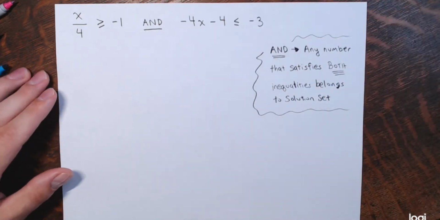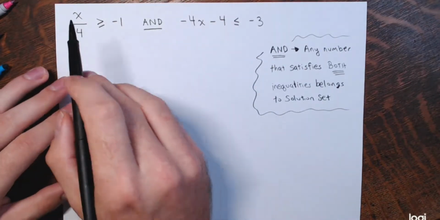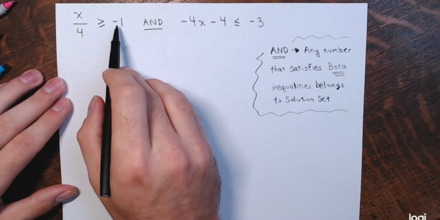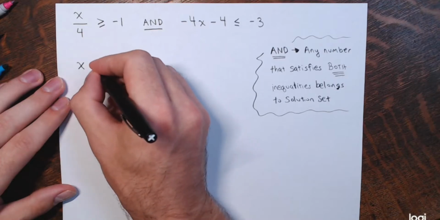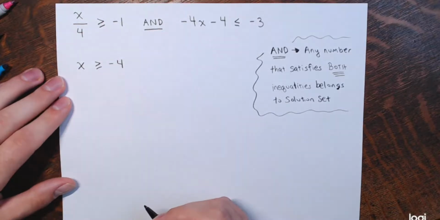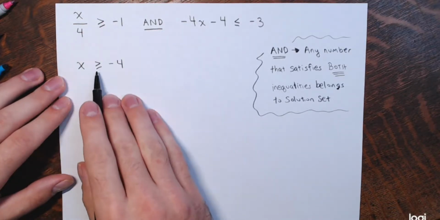So once again, I still solve both of them. This first one, I would multiply both sides by positive 4 and get x on the left is greater than or equal to negative 1 times positive 4, which is negative 4 on the right. Again, I multiply by a positive number, so this symbol didn't change.